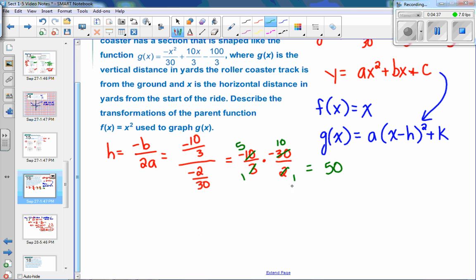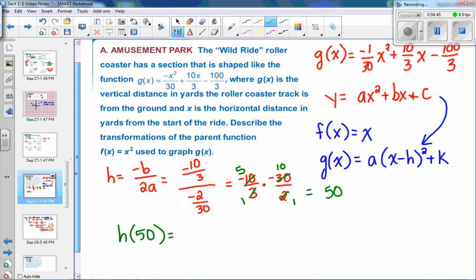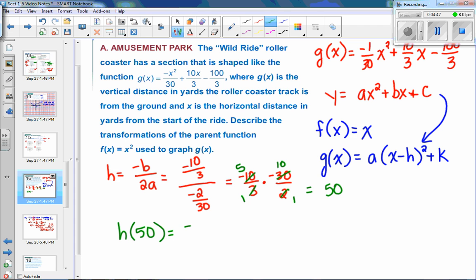How do I find the y-coordinate? Plug it in. So we need to do h of 50. So I need to substitute that in, and we get negative 1/30 times 50 squared plus, okay, I should be consistent here, and I should have had this, remember if this had been a negative, that would have been an issue the way I wrote it, plus 10 over 3 times 50 minus 100 thirds.